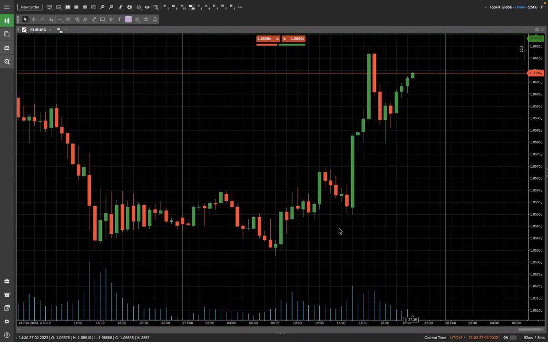And these indicators that I'm going to talk about are known as an important part of technical analysis, and every technical or fundamental analyst should be aware of these indicators.